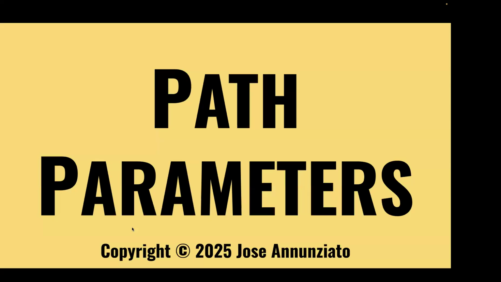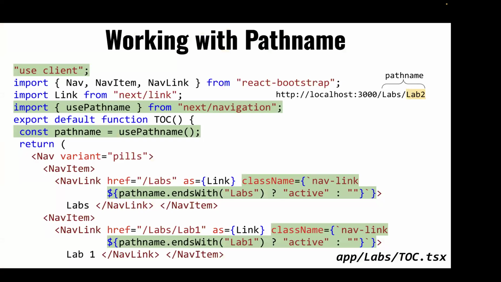Okay, very, very cool. So another way that components can be parameterized is through navigation. As you are navigating, and you end up in a page or in a component in a page, you can read the URL.